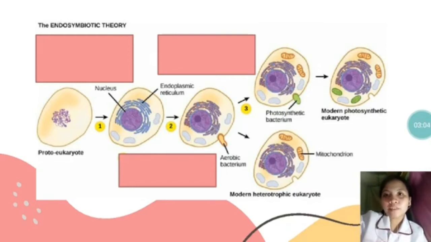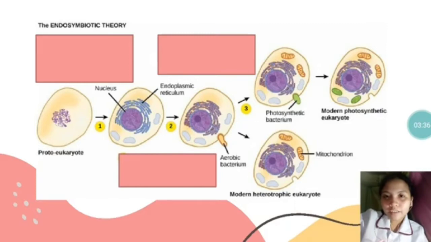In the first endosymbiotic event, the ancestral eukaryote consumed aerobic bacteria that evolved into mitochondria. And next there is a photosynthetic bacterium. In a second endosymbiotic event, the early eukaryote consumed photosynthetic bacteria that evolved into chloroplasts. And lastly, there is a modern photosynthetic eukaryote.